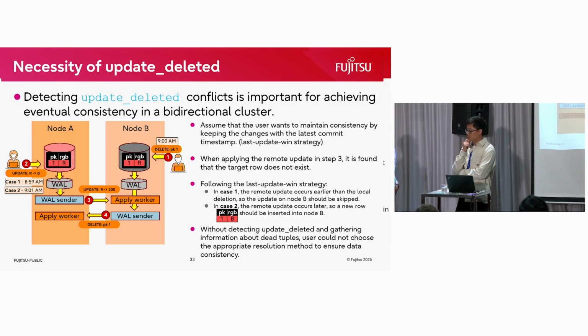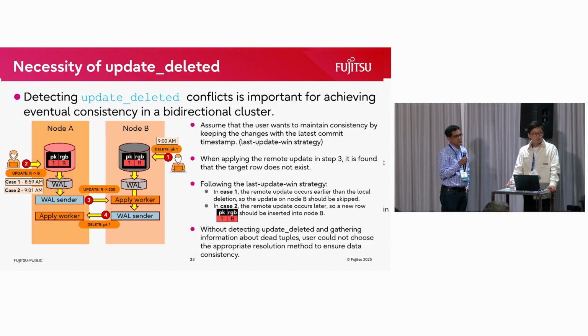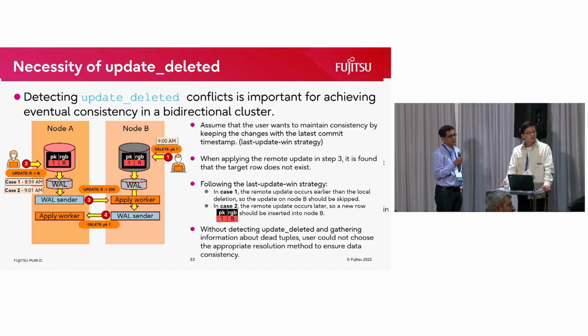I think the fundamental problem is that sequences are not replicated. There is another feature in play where we will be able to replicate sequences as well. Right now, sequences are not replicated, so you don't have similar sequences on two nodes. A common workaround people use is to have the sequences increment by different values.